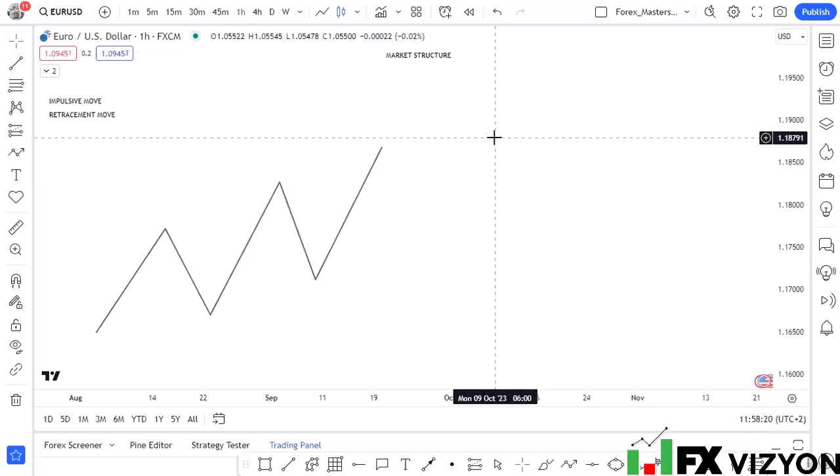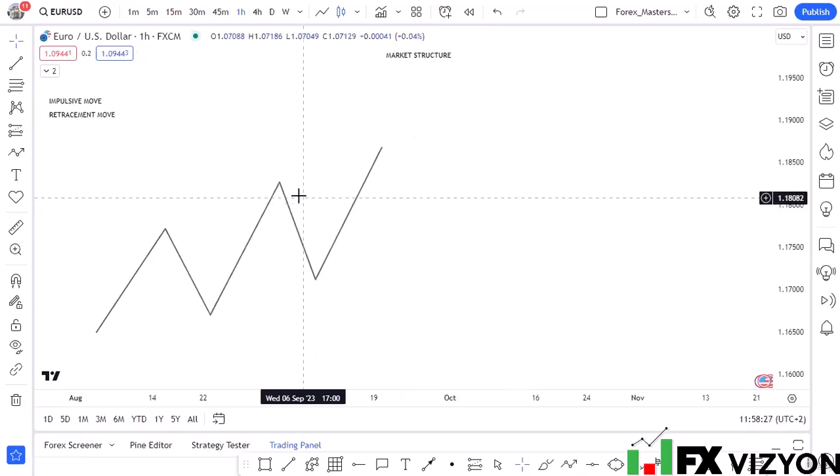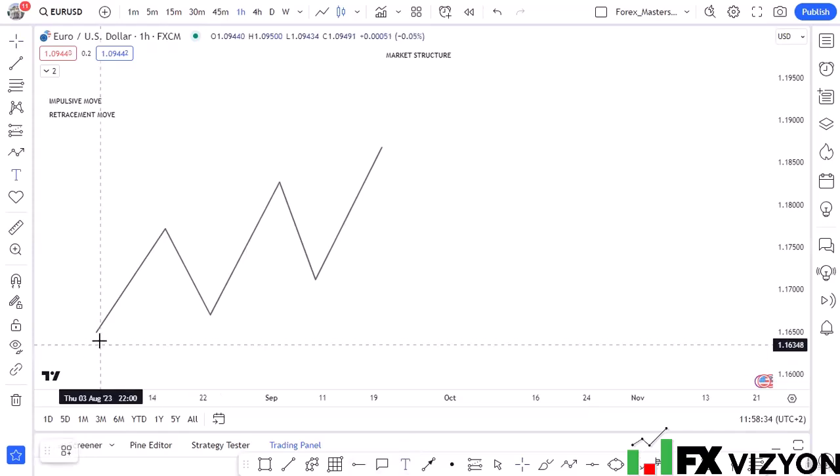There are three conditions in which the market exists. Number one, we have what we call an uptrend market. An uptrend market is made up of higher highs and higher lows.